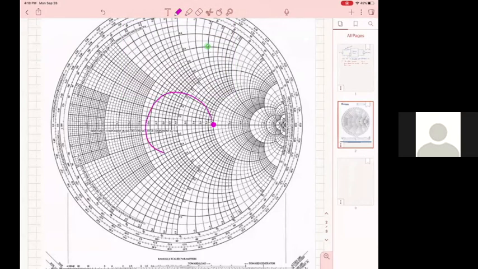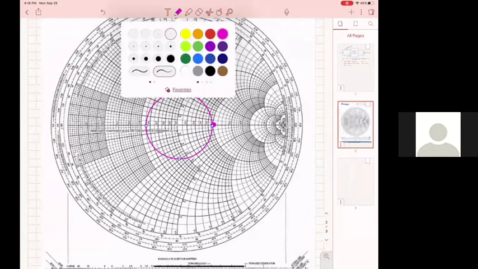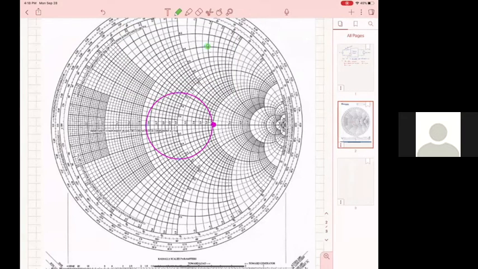If I draw this one here and that one there, I would have to change it. You're saying the pink is the load and the green is the input? Yes. Okay.